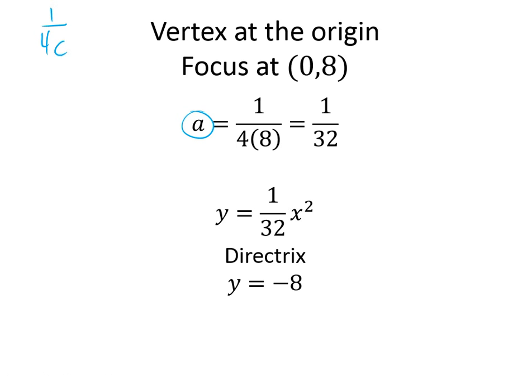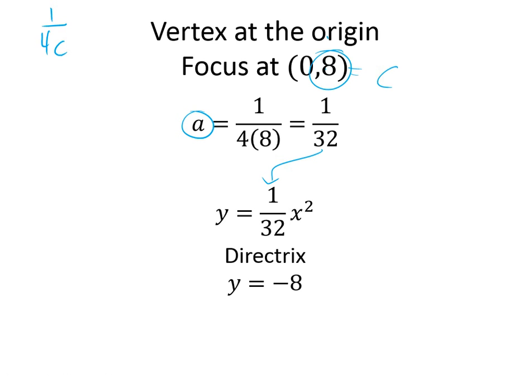Our c will be the change from the origin to that point, which is an increase of 8. 8 is our c. Okay, so we have 1 over 4 times 8, which is 1 over 32. That gets put in front of the x squared, giving us y equals 1 over 32 x squared. Okay, and that is the function of our parabola.